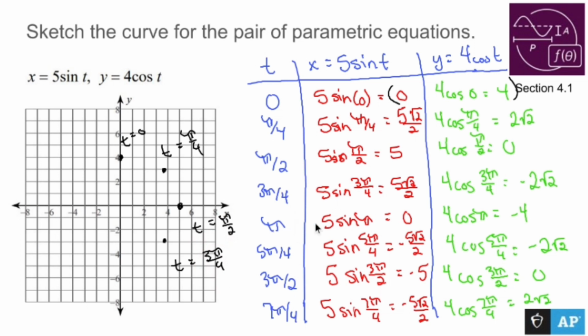Okay, when we're at pi, we're at 0, -4, so that's noish. Then we get -5 root 2 over 2, -2 root 2. You are going to look like this.